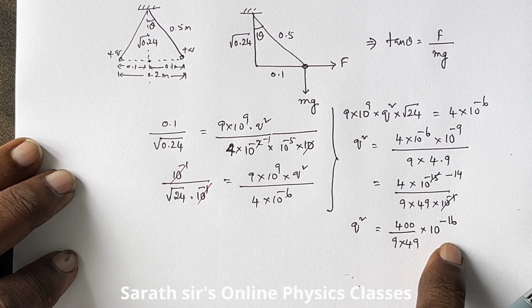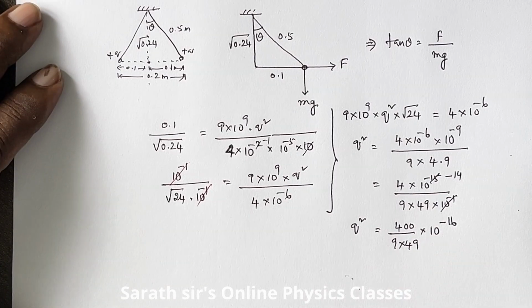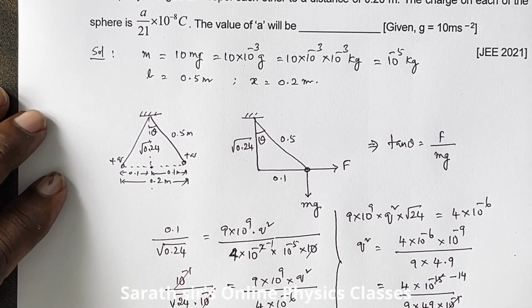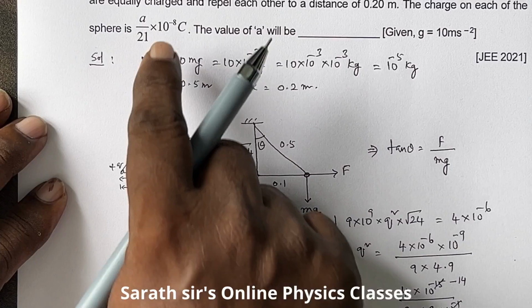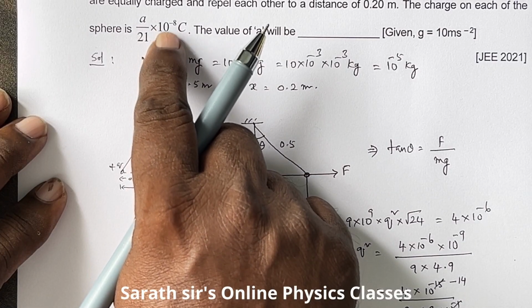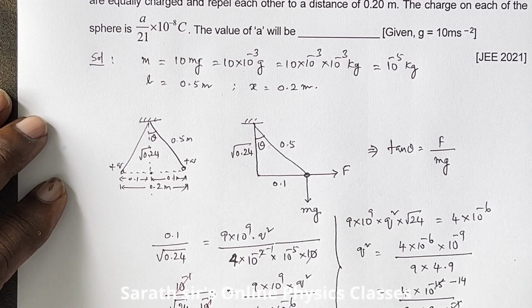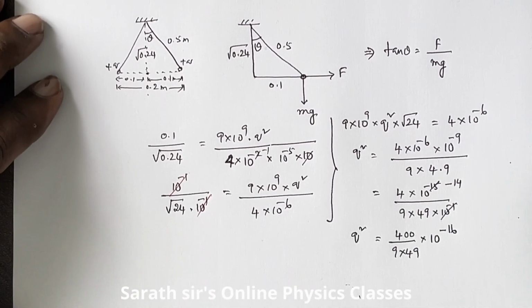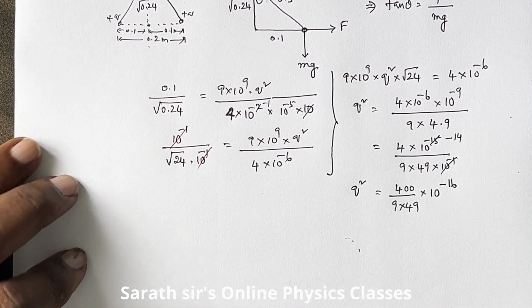Why have I taken 10 to the power of minus 16 here? Because in the problem they have given 10 to the power of minus 8, so the square of 10 to the power of minus 8 is 10 to the power of minus 16. That's why I made it 10 to the power of minus 16.